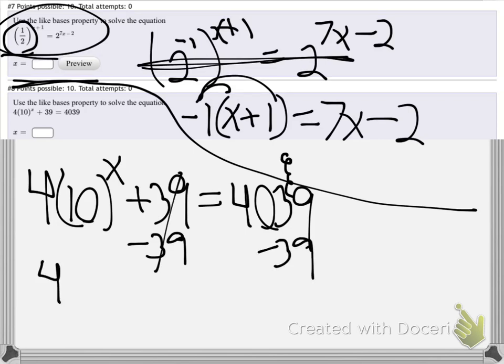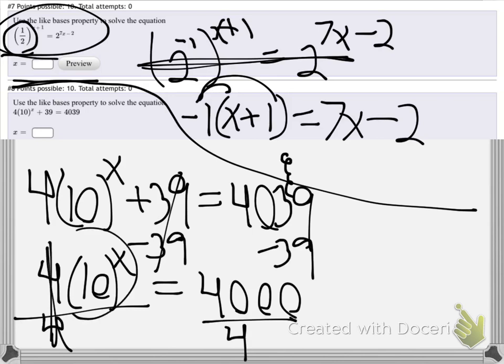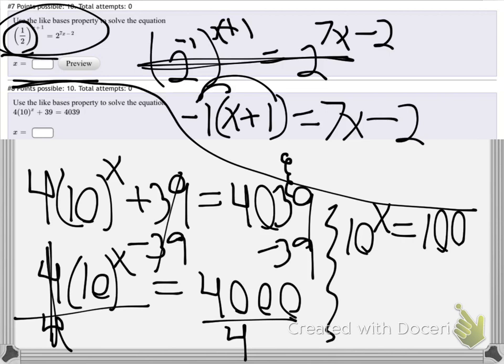And then that'll leave us with 4 times 10 to the x equals just 4,000. And then we'll divide the 4 from both sides. And that'll leave us with just 10 to the x here on the left equals whatever 4,000 divided by 4 is. And over here on the right, we're going to say that'll be a 10 to the x left over equals just 1,000. And now we're just solving it like number 1 again, saying 10 to the something equals 1,000, and figure out how many 10s it takes to get to 1,000 or something.